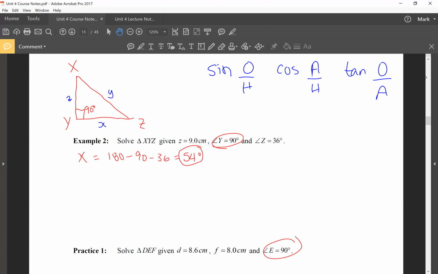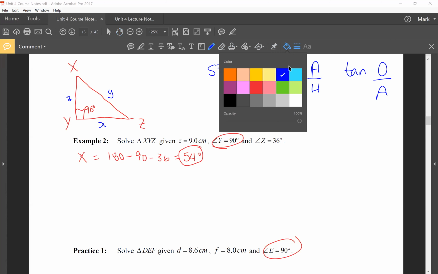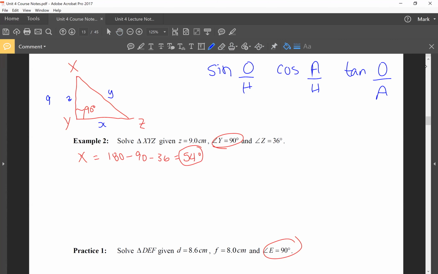Now we also know side Z is 9.0. Nasser, you have your hand raised?